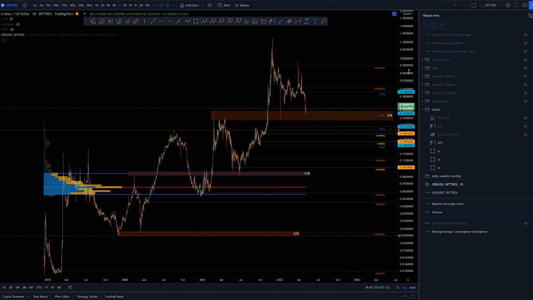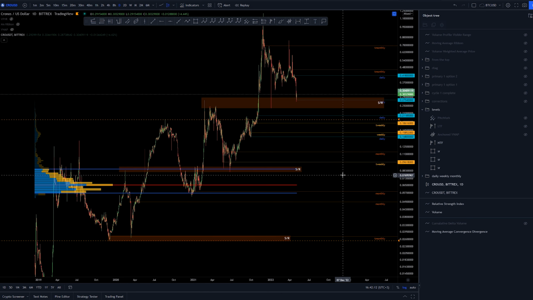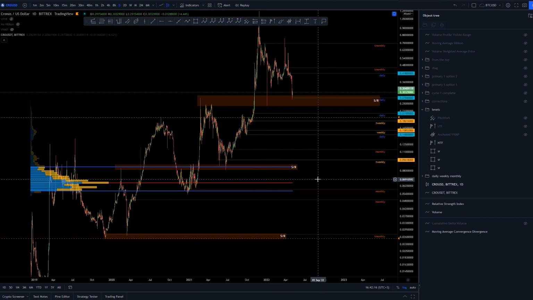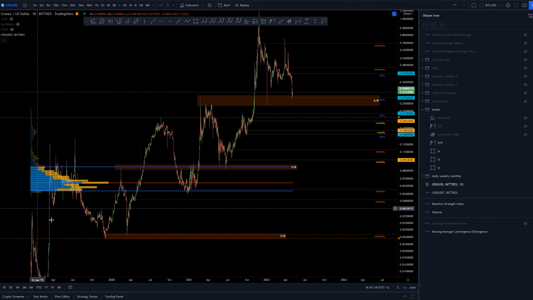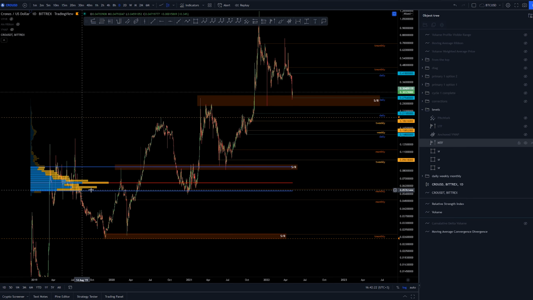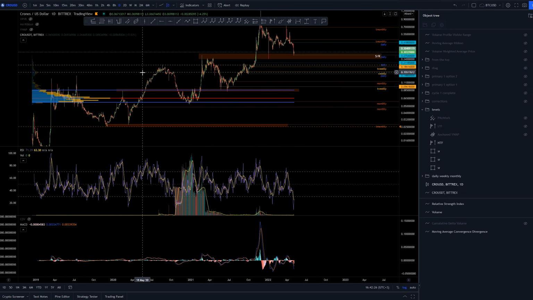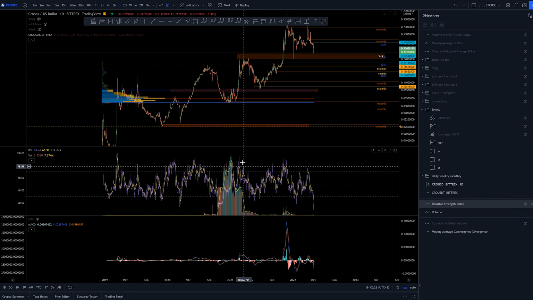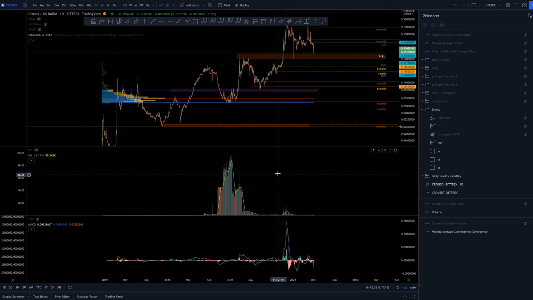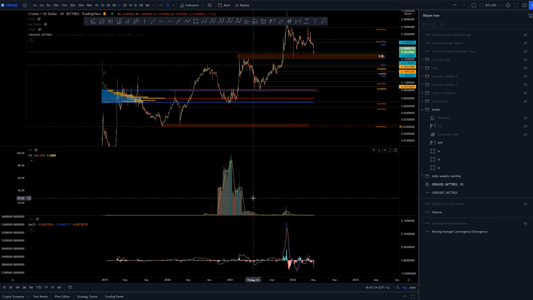On higher time frame we have this kind of volume profile. This is again for the whole history of CRO, and we can see that basically all of the volume has been done here. Now this is again on Bittrex, and a word of caution: this is what the volume looks like based on Bittrex.